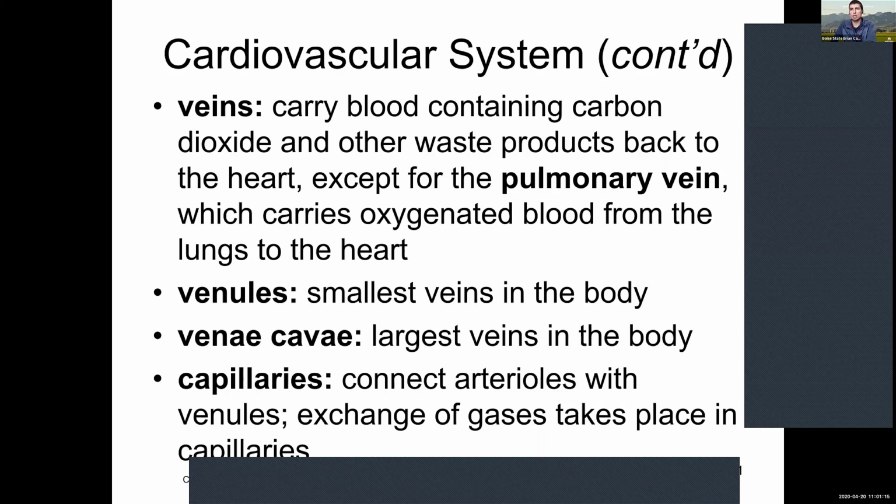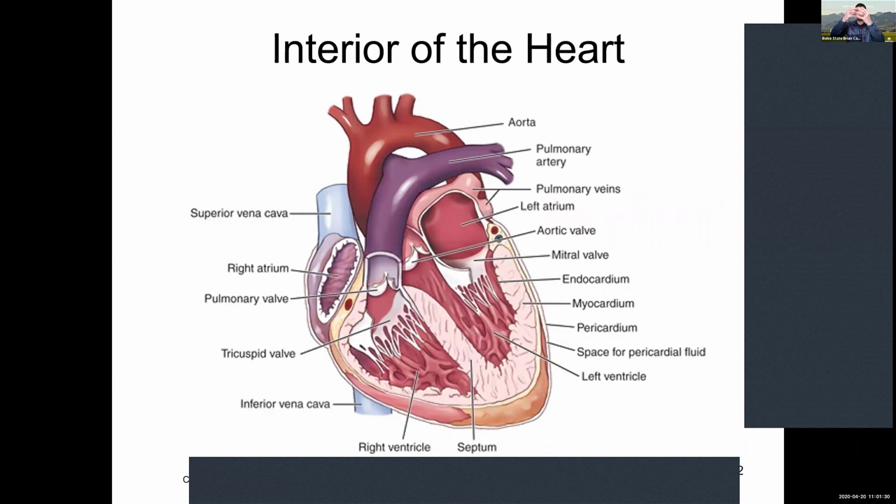And again, they're sort of like the collecting system for the veins. And then of course the capillaries are the smallest component of that. So you should think of your aorta leaving the heart as the largest artery, and then it gets smaller and smaller as it delivers. And then coming back up from the venous system, it's small, but then it gets bigger and bigger and bigger as it gets back to the heart.